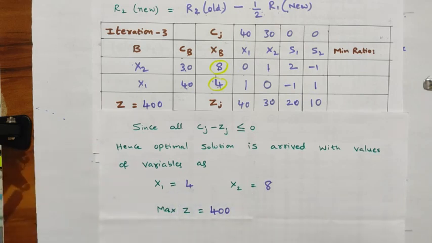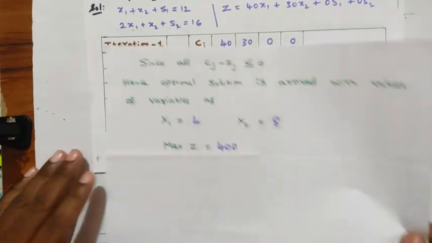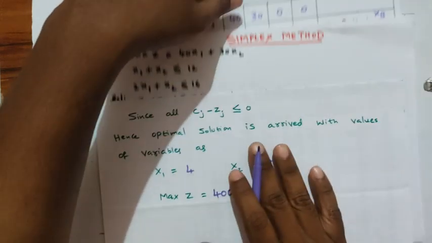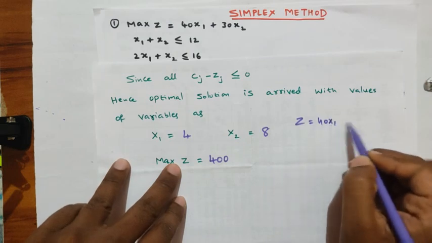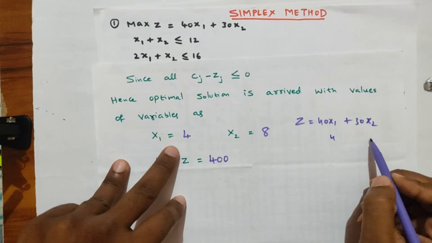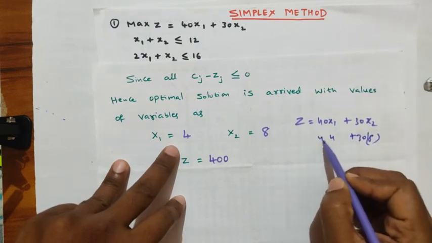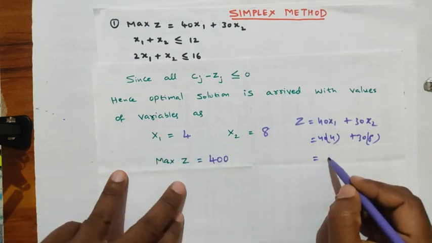And if you see in your question also, max z is there, that is z is equals to 40 x1 plus 30 x2. If you substitute x1 4 and x2 8, 30 into 8 plus 40 into 4, we will get 400.